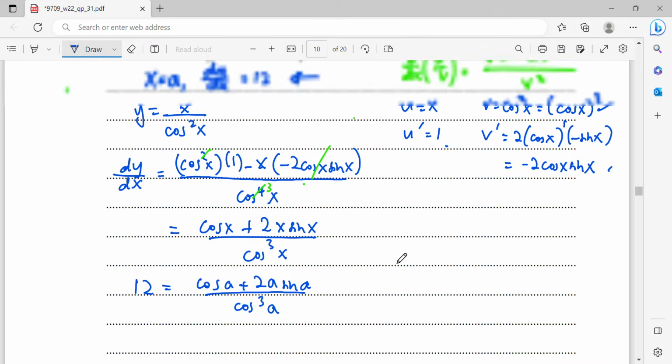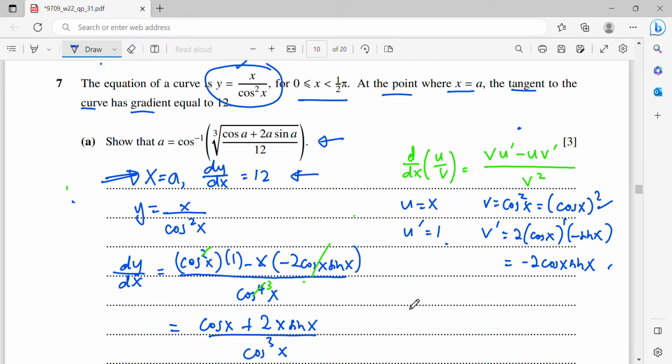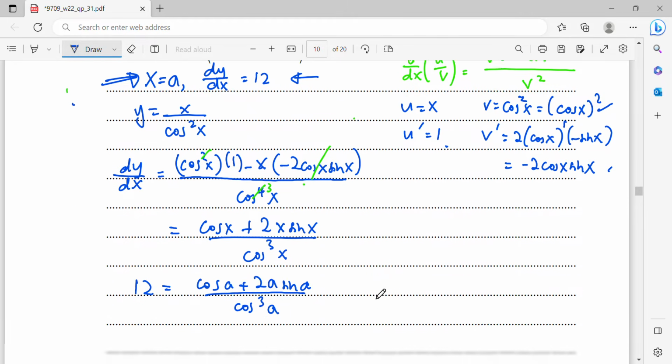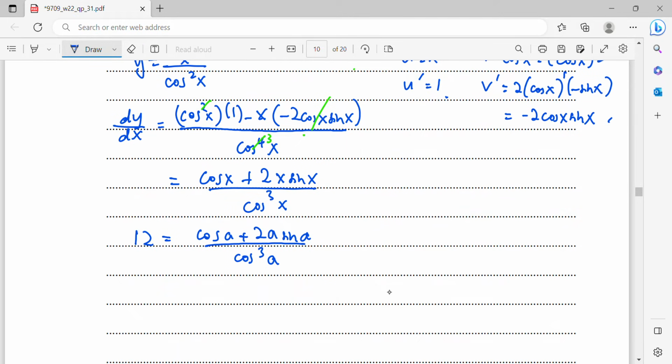Now after this step, please refer back to the question. We need to prove a is arc cos of the cube root of this whole term. So before you get arc cos, I should get the cos first. It will be cos a, and by the cube root, you should be getting cos cube a on the left hand side. So from here, I move up the cos cube a and move down the 12.